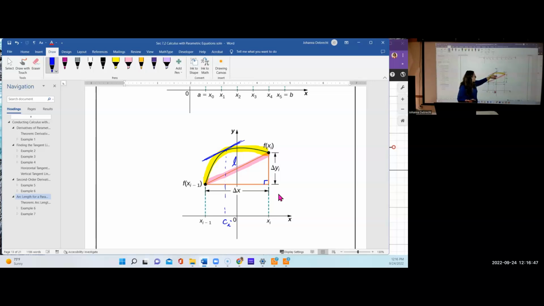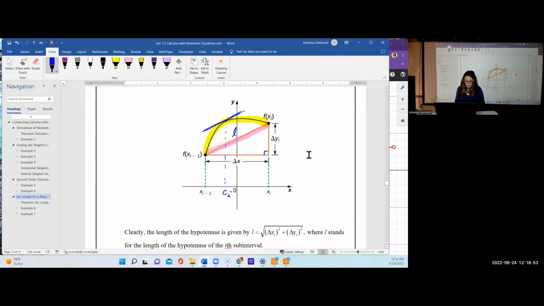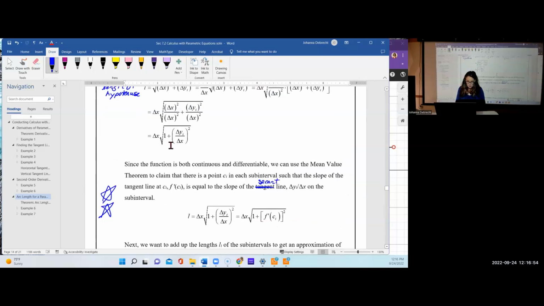So the derivative at that point equals the slope of the secant line. Then we're going to replace in the formula this delta y sub I over delta x, the slope of the secant line, with the slope of the tangent line at that particular point, c sub I. So now this equation becomes 1 plus the derivative at c sub I, quantity squared.